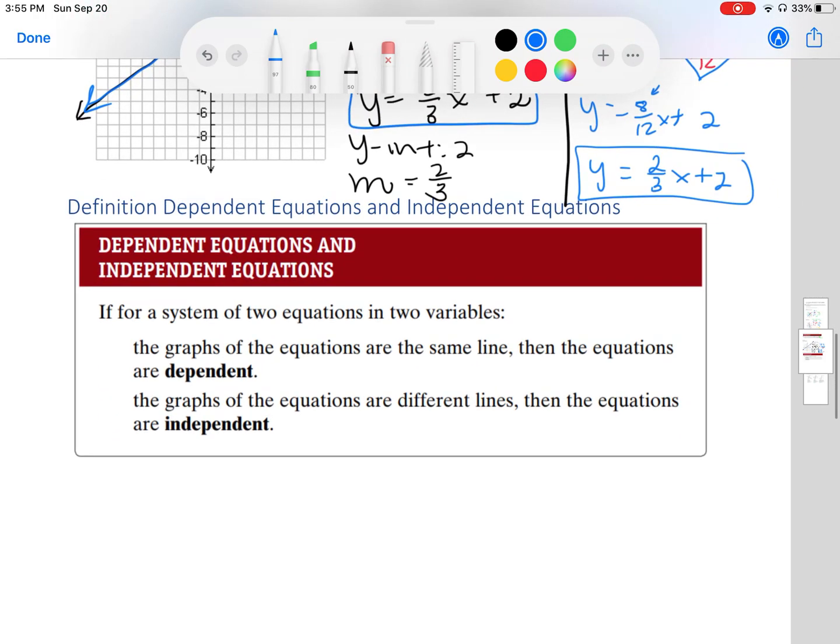Another type of equation we can have is a dependent equation and an independent equation. For a system of two equations and two variables, if the graphs of the equations are the same line, the equation is dependent. And if the graphs of the equations are different lines, then the equations are independent.